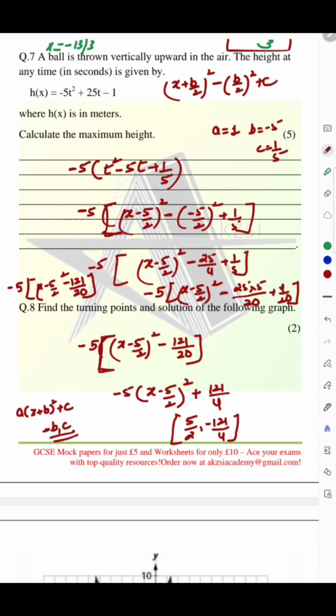They are asking the maximum height, that means h(x), which is y. The y coordinate will give you the maximum height. So this is nothing but 121 by 4 meters, which is the maximum height.